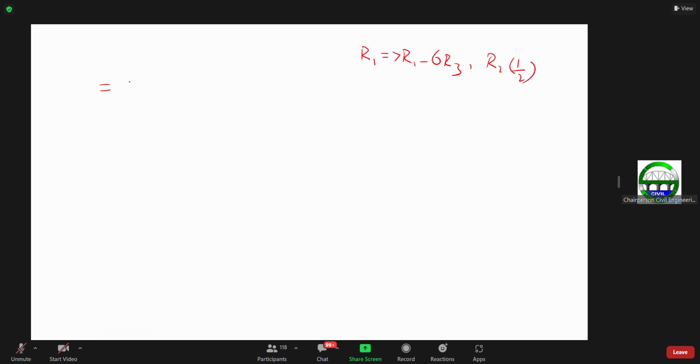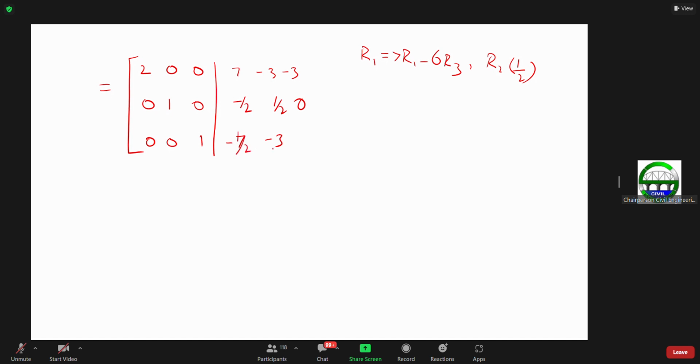After applying this one, your answer will be 2 0 0, and in here 7 minus 3, then 0 1 0, and 0 0 1, and here -1 by 2, 1 by 2, 0, and finally 7 minus 3, and the last one will be 2, -1 by 2, -1 by 2, 0, and 1 by 2.